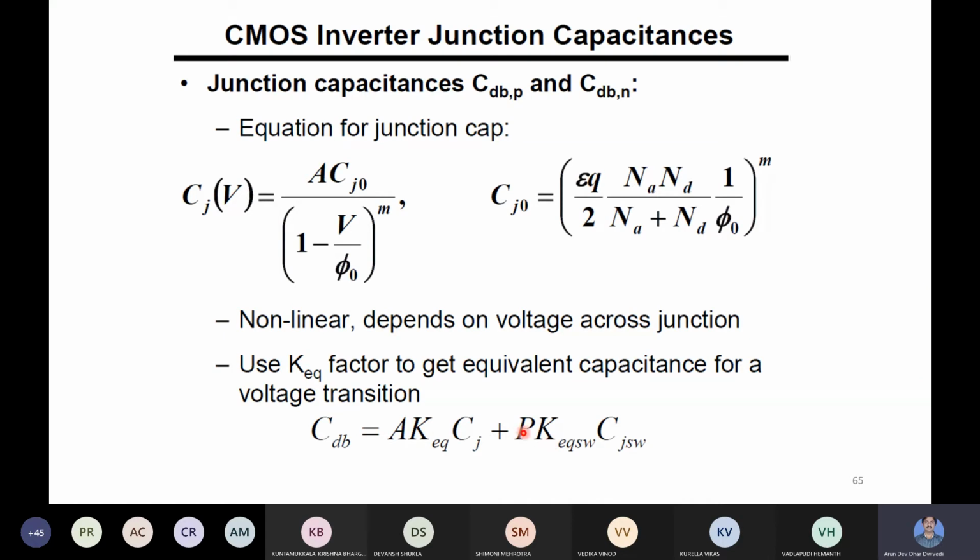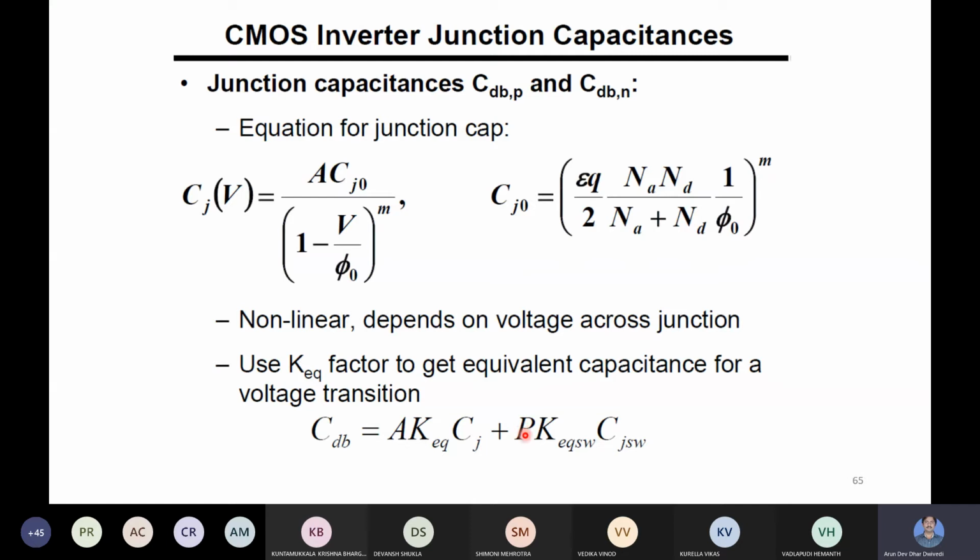Suppose the drain or source length is some distance, and the width is already W. Then the perimeter means 2 times the drain or source distance along the horizontal direction plus W. Sometimes 2W, depending on the consideration, which varies in different situations.